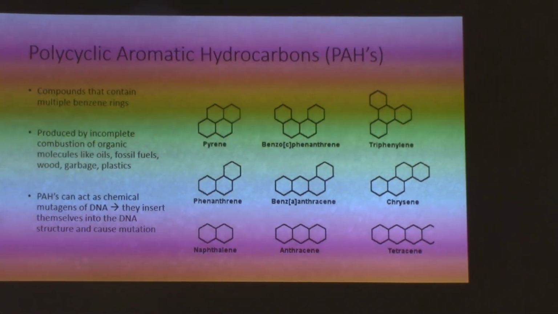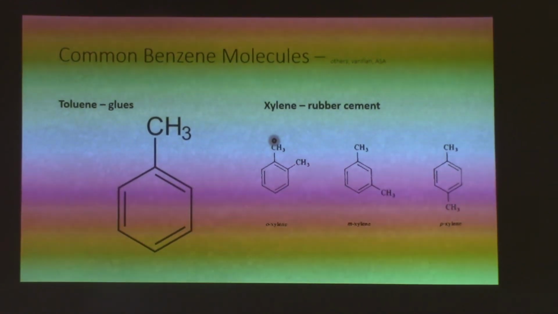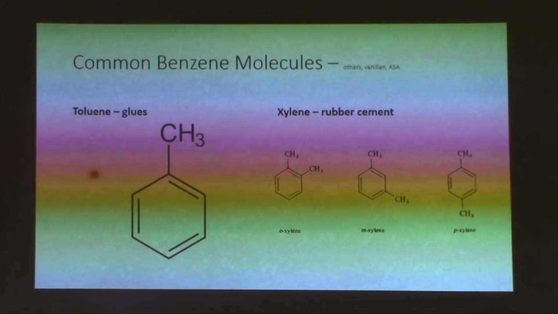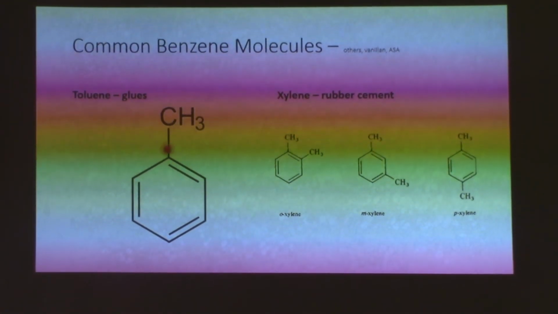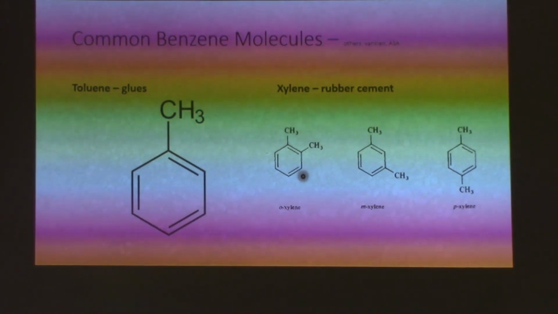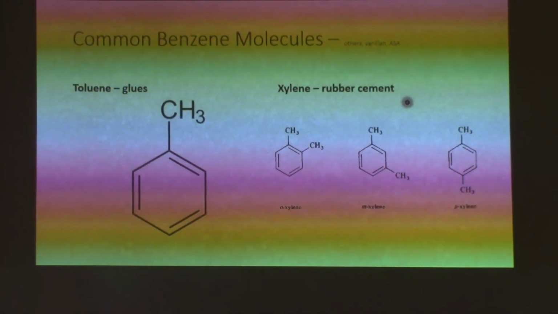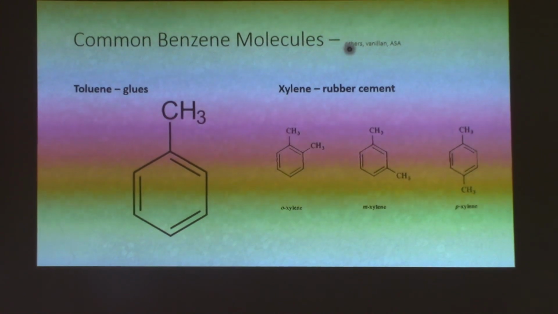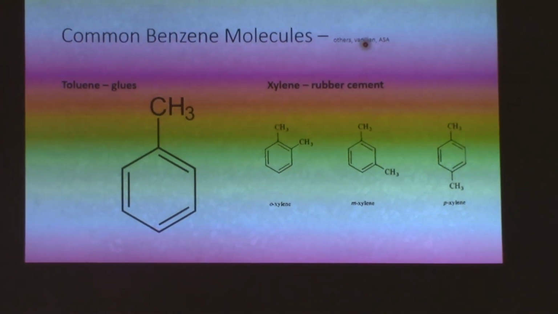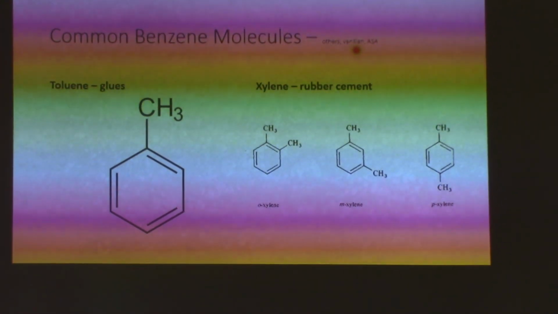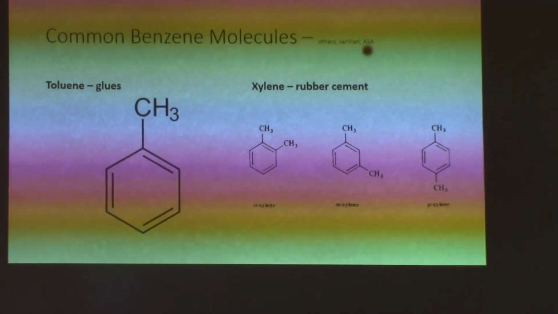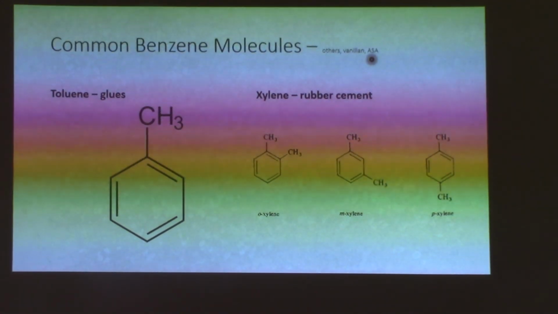So here's some other common benzene molecules. Toluene, so glue. Xylene is rubber cement. Other types of benzene molecules that you'll see: vanilla, or vanillin, the molecule that gives vanilla its flavor. Acetylsalicylic acid is aspirin. Okay.